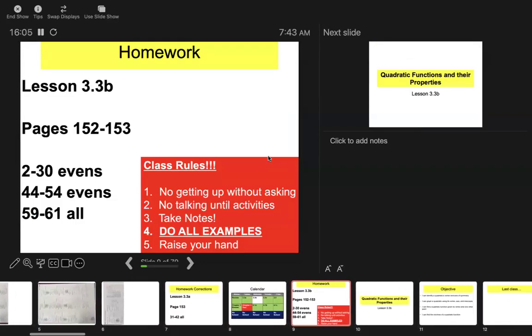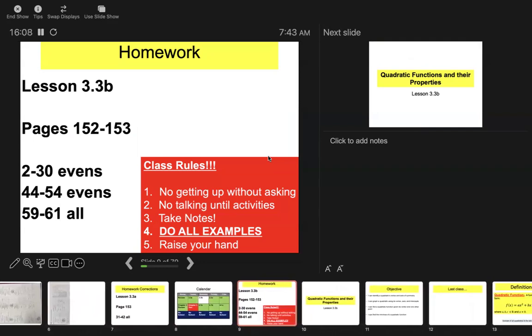Homework. How would you know just by looking at it? Well, there's this amount of problems, and I'm not going to give you 50 problems and it not be quick type thing.